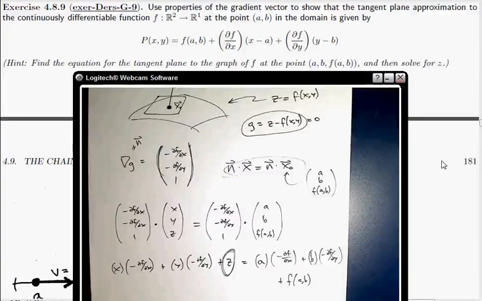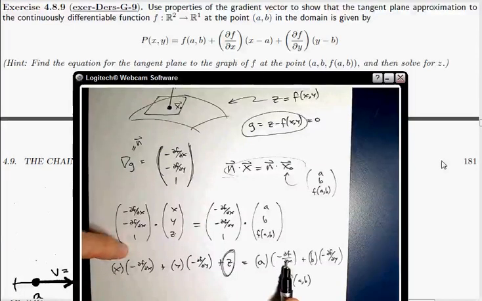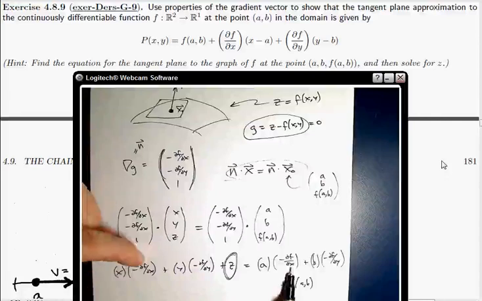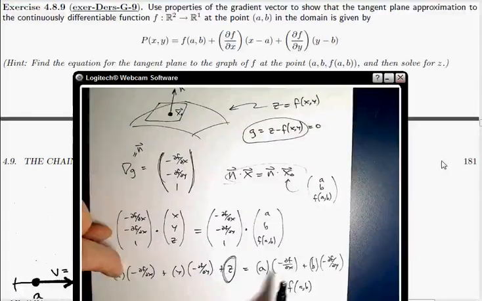You can just solve for z, as the hint suggests. What you get is z equals f of a, b. Let's put that down first. Partial of f with respect to x gets multiplied by both x and a.